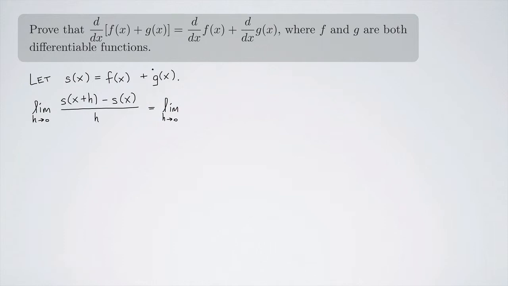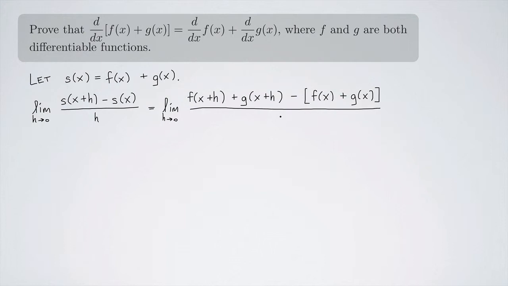So s of x is f of x plus g of x, so s of x plus h should be f of x plus h plus g of x plus h. Okay, minus, and then we have s of x, which is f of x plus g of x. And then all of this is over h.